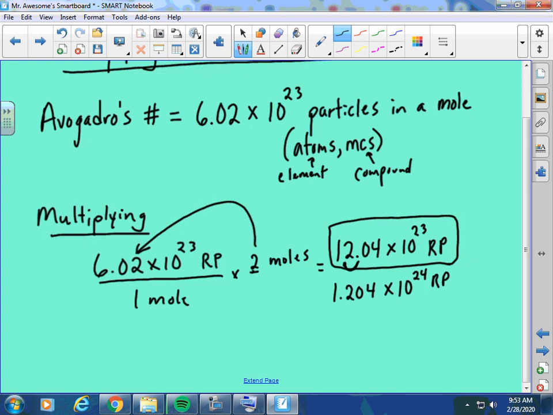Now, like I said, if you left it like 12.04 times 10 to the 23rd on a written portion of my quiz, I'd give you points. Because realistically, the idea is being able to figure out the number of particles in a certain number of moles. It's not necessarily being an expert on scientific notation, but you do need to know how to use scientific notation.